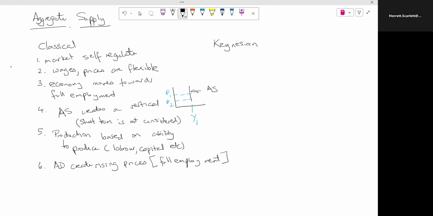And if we are operating at full employment, then we really cannot create much more because we are already at our capacity. Therefore, if persons are demanding more and we can't create any more, then what firms will do is raise prices, because of the scarcity. So that's the other thing that is believed.